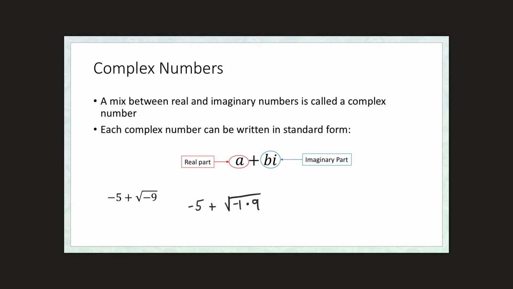And the square root of negative 1 is i, the imaginary unit. And the square root of 9 is 3, a real number. So this expression can be simplified into negative 5 plus 3i. The a is negative 5, the b is 3, and the imaginary part is 3i.